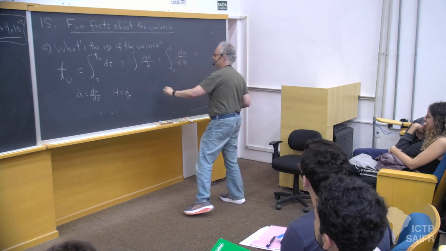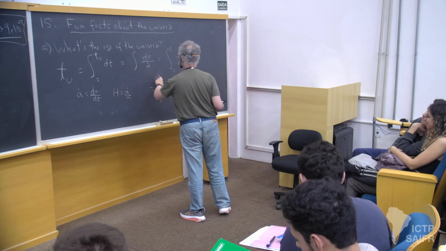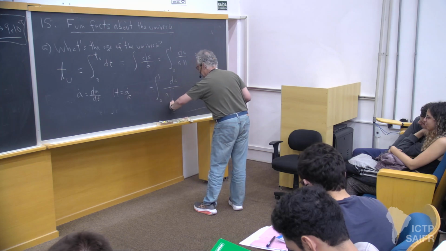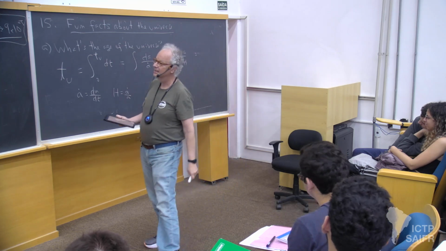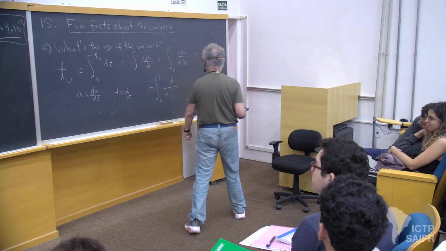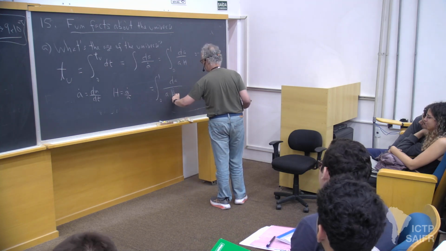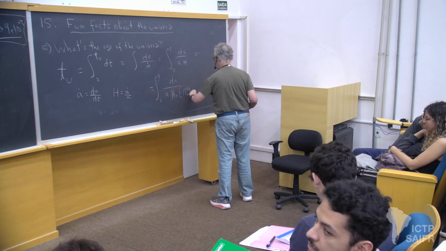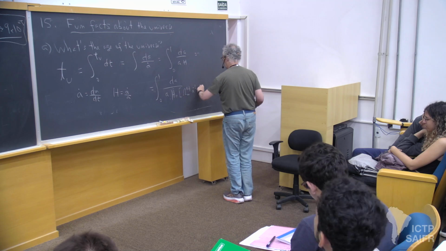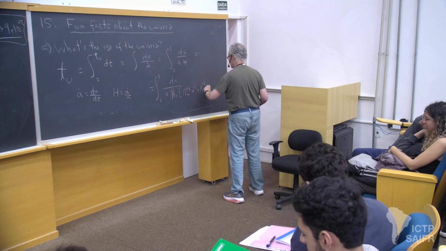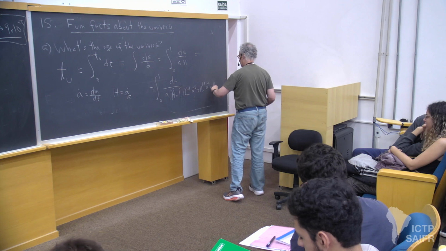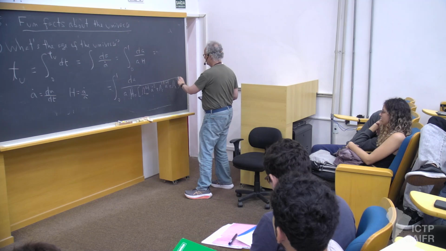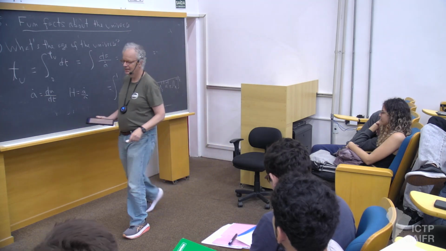So the age is just the integral from 0 to 1 of dA over A times H. And here, I have to see what H is, so I use the Friedmann equation: H equals H0 times the square root of omega matter 0 A to the minus 3, plus omega radiation 0 A to the minus 4, plus omega lambda. Right?